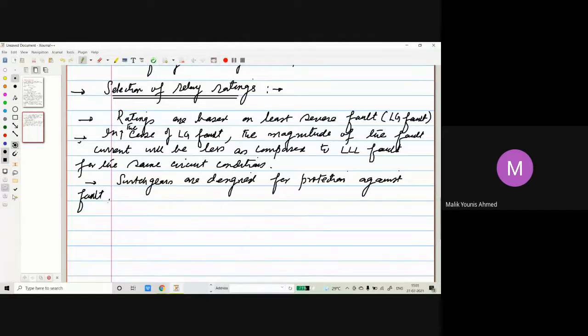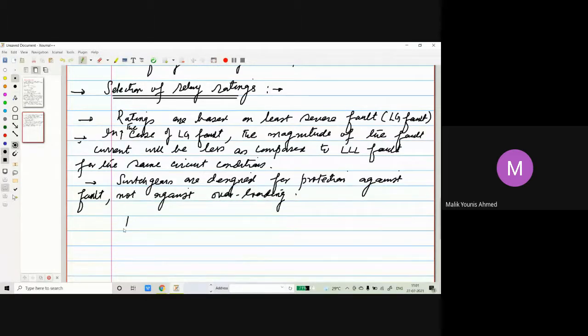They are not designed against overload. Not against overloading. We do not have a design where we say overloading will happen, then we will do something. No. If an abnormal condition happens, that's what the switchgear is there for.